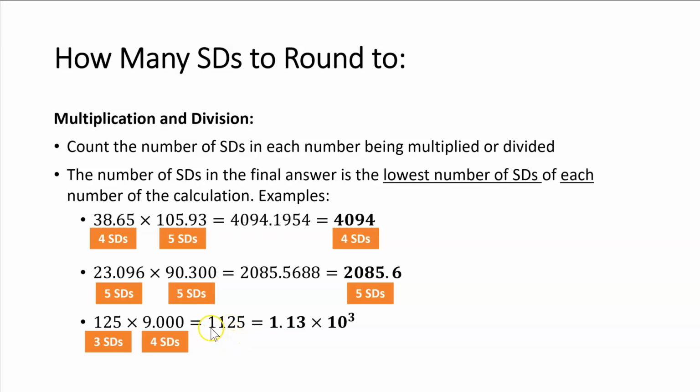So we should round this to 1,130, but we need to write that using scientific notation. So that would be 1.13 times 10 to the power of 3. Because that's the only way we can write 1,130 using only 1, 2, 3 significant digits.